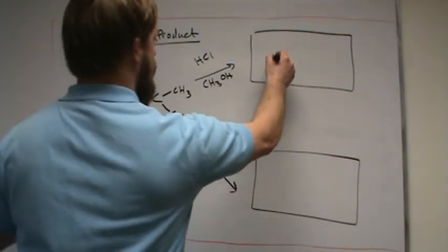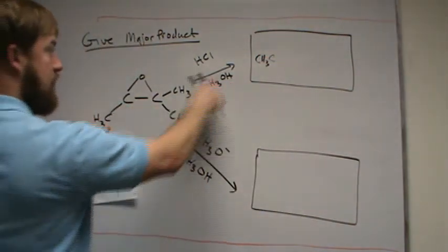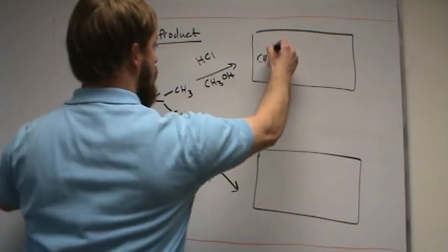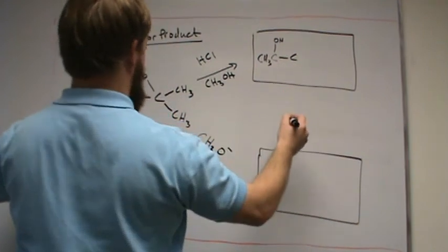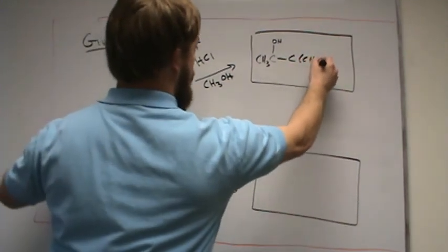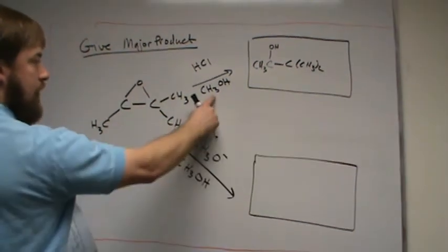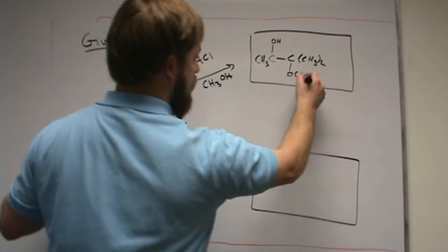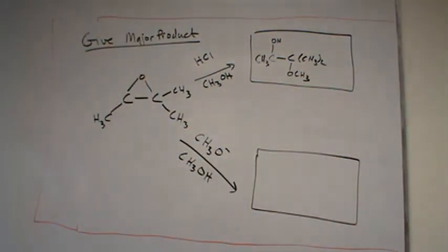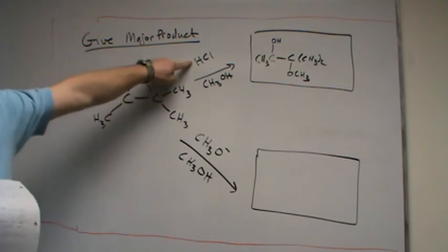So my final product, this methyl group's attached to this carbon, it's still there. The alcohol's here, okay? Now I have the same two methyl groups on this carbon, and the nucleophilic attack gave me this. Okay. So the nucleophilic attack occurred on this carbon under SN1-like acidic conditions.